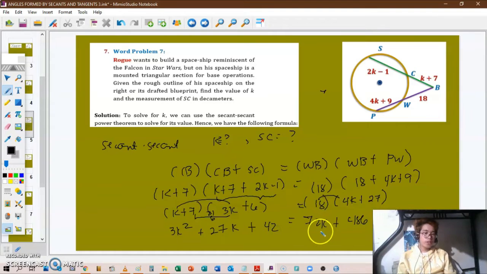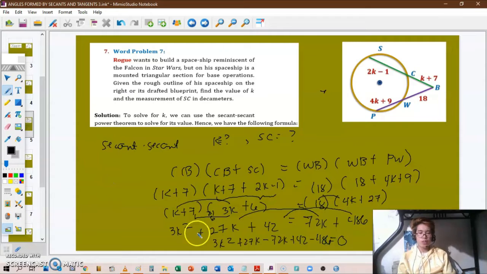Okay, so from here, guys, we can equate these two terms that we have here on the left and on the right. So we can transfer 72K here and 486 here so that we can equate it to 0 and find the value of K using the quadratic equation. So we have here 3K squared plus 27K minus 72K plus 42 minus 486.